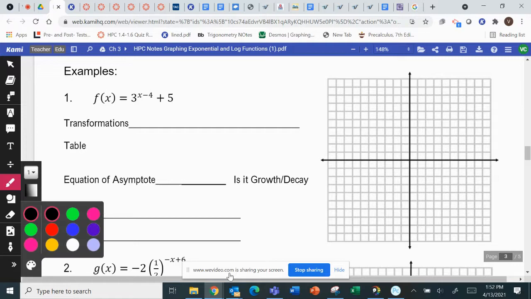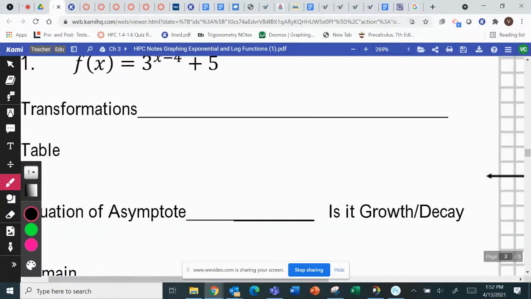So I'm going to start with my table. And my parent function for this one is going to be just 3 to the x. So I put in -1, 0, 1, y equals 0. And then I use my b value, which is 3, to go 1/3, 1, and 3. So there's my parent function.